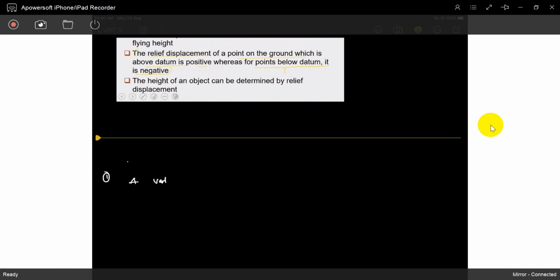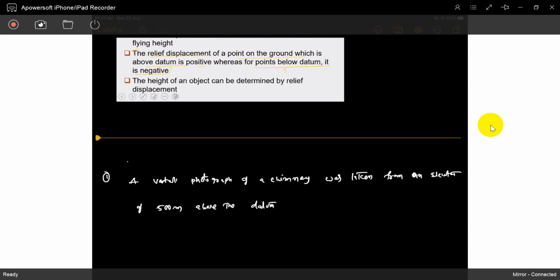A vertical photograph of a chimney was taken from an elevation of 500 meters above the datum.